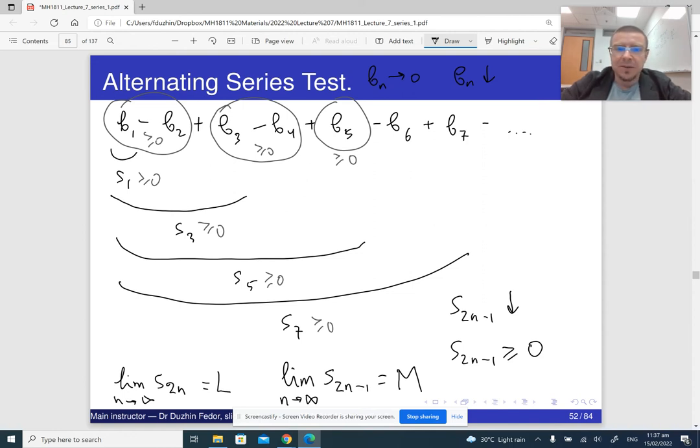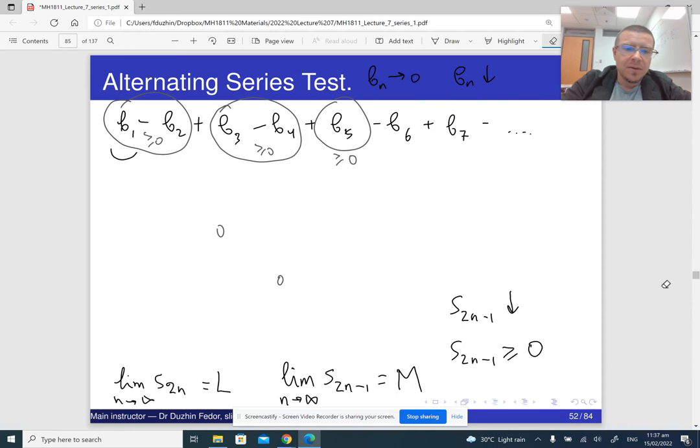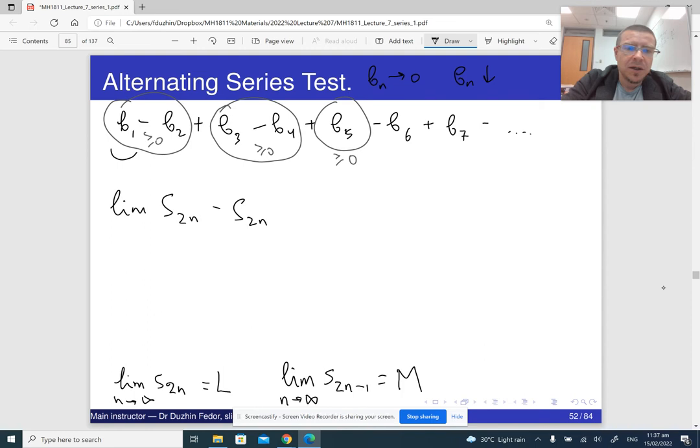So how can we do that? What if we take the limit of S2n minus S2n minus 1 as n goes to infinity? So this is going to be L minus M.